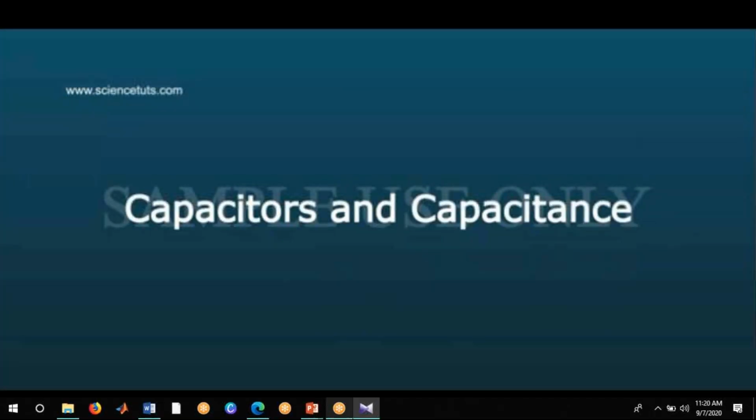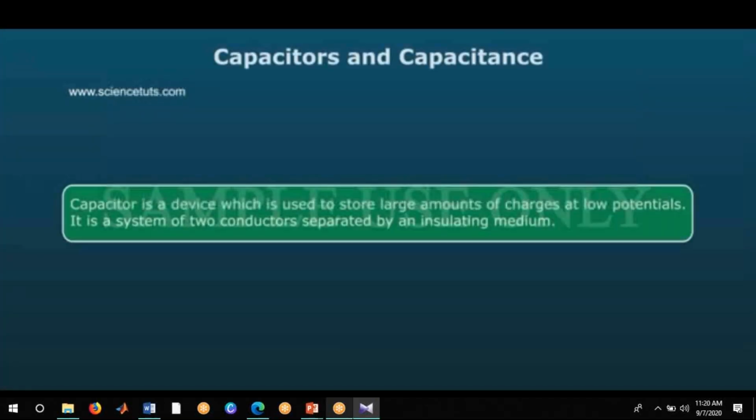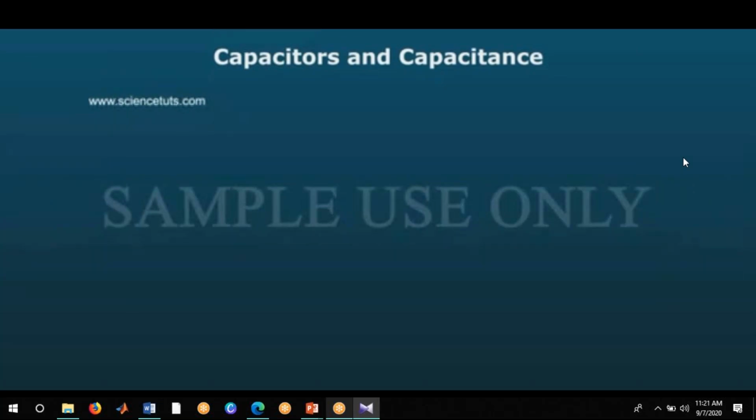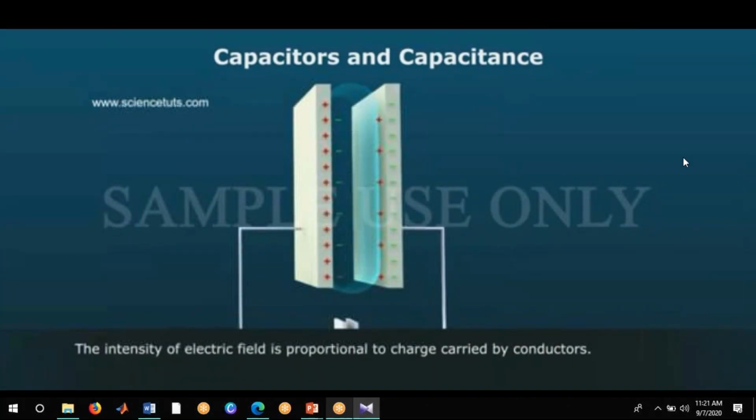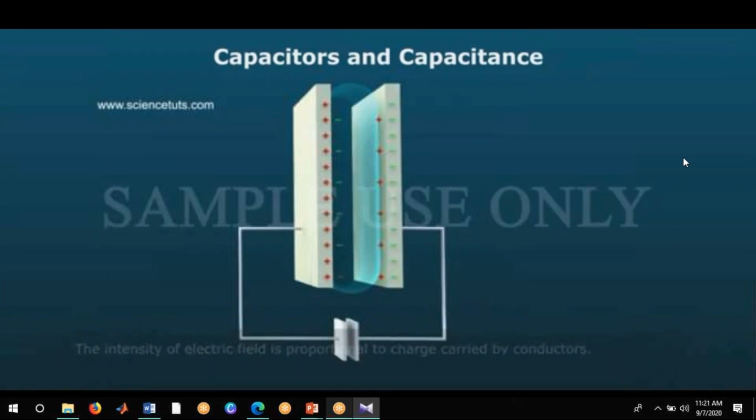Capacitors and capacitance. A capacitor is a device which is used to store large amounts of charge at low potentials. It is a system of two conductors separated by an insulating medium. The intensity of electric field is proportional to the charge carried by the conductors.